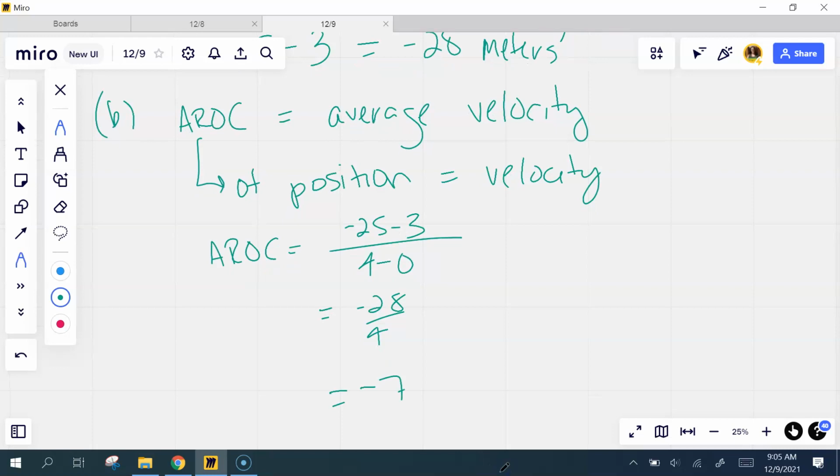There are times on the AP exam where there is an FRQ, and even if nothing else is right, if you just wrote 25 meters per second, you would get a point for the units. Never leave anything blank. Write something. Take a derivative, write a unit, write something. So basically we found the displacement and it was -28, and we found that when we did A rock it was positive.